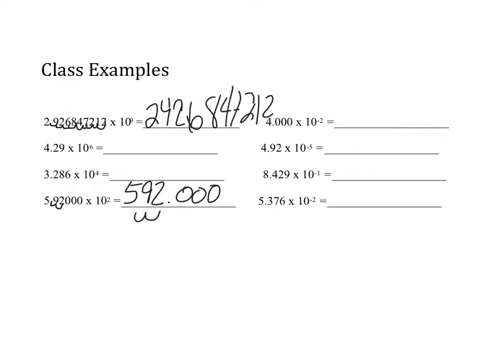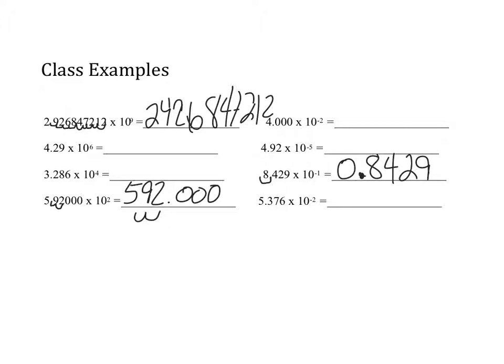The negative tells me since I'm dividing by 10, I'm going to move the decimal once to the left. So I'm going to take my 8.429, and I'm going to move my decimal one place over, which means my 8.429 turns into 0.8429. We add that 0 before the decimal for the dead baby rule as we described at the beginning of the video, so that we can very clearly see that there's a decimal supposed to be there.